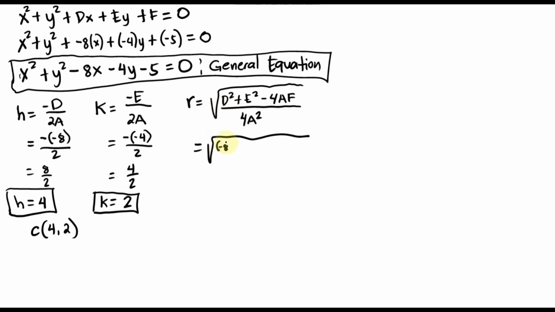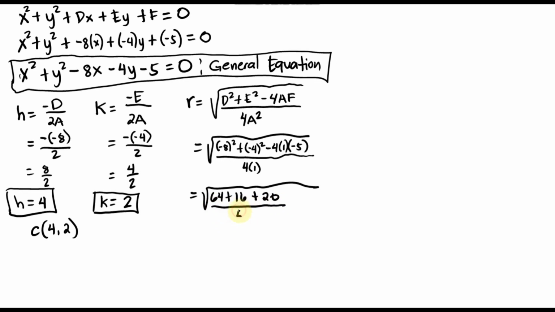So negative 8 raised to 2 plus value ng e, that is negative 4 squared minus 4 times 1 times negative 5 over 4 times 1 equals, that is negative 8 times negative 8, so that is 64 plus 4 times 4, that is 16. Then negative 4 times 1 times negative 5, that is positive 20 over 4.